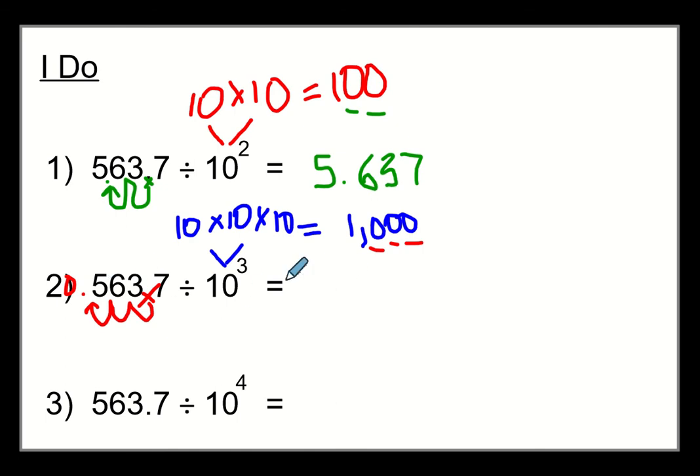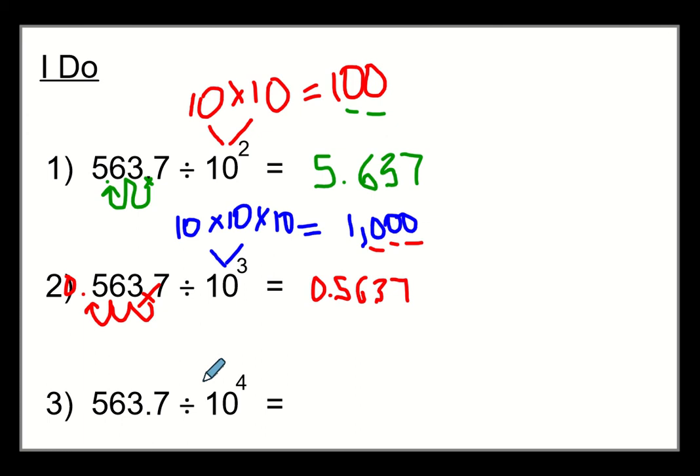It is just part of a whole now that we have divided by 10 to the third power. And so my answer for 563 and 7/10 divided by 10 to the third power is 5,637 ten thousandths.